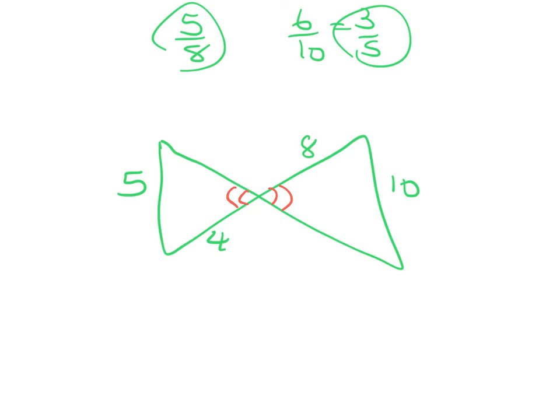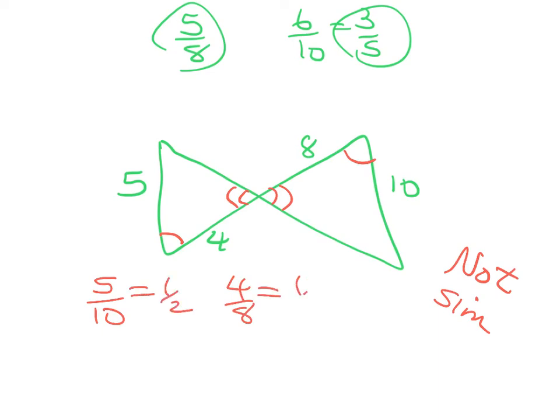Is it in between the sides? No. So these are not similar. Now, if I had told you that these angles were congruent, then I could double check my proportionality on the sides, and I could do 5/10, 4/8. They both simplify to 1/2. Now they're similar. But if I'm only trying to base it off the vertical angles, that is not the included angle, and you can't show that they're similar.